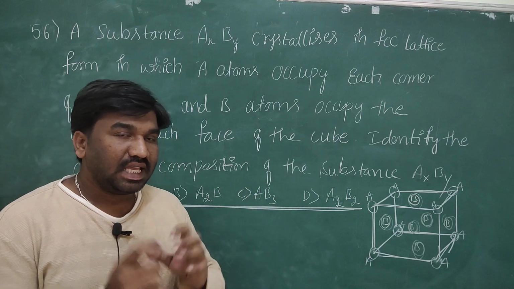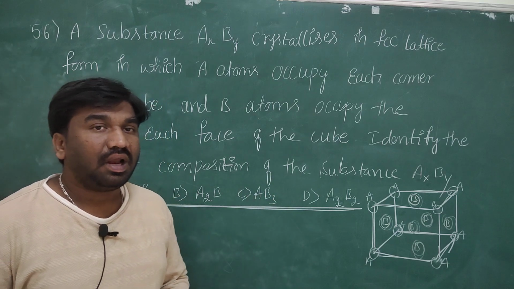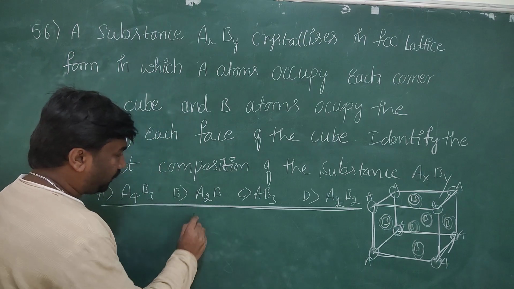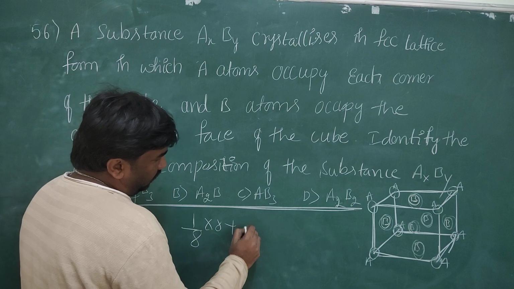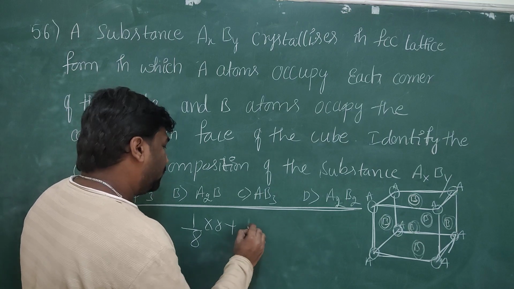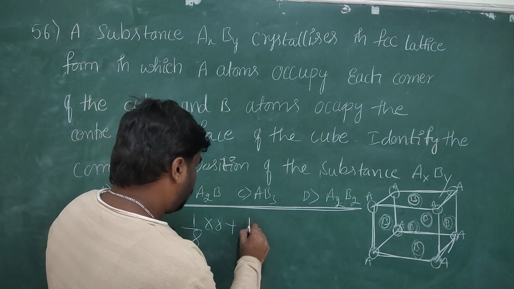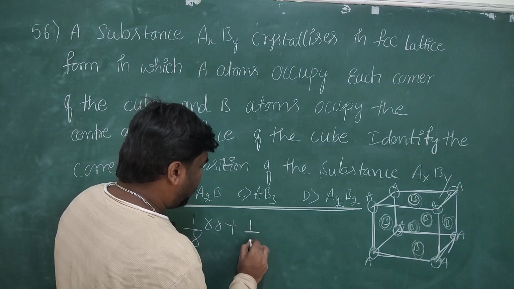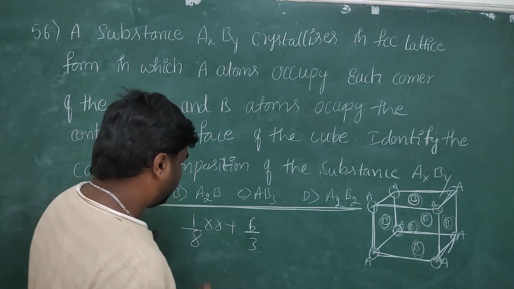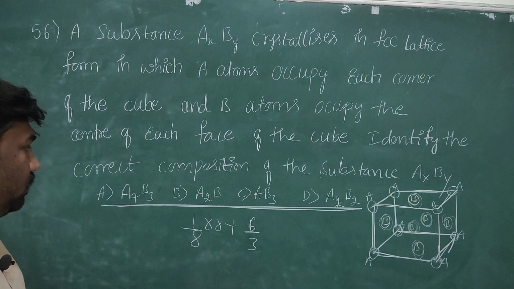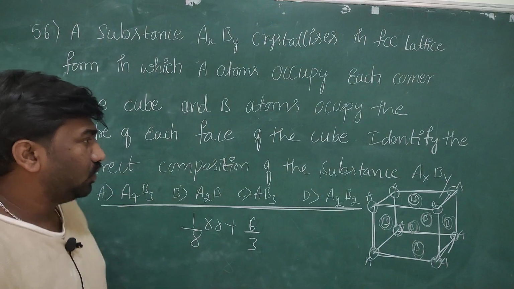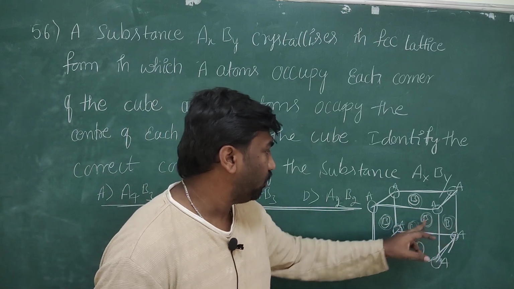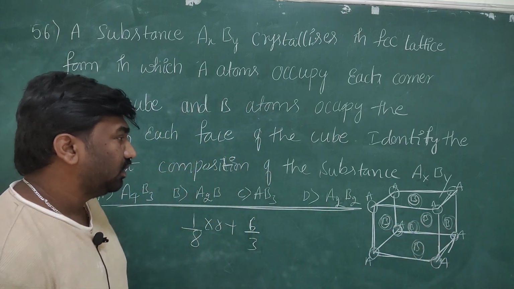We know that in a unit cell, the number of lattice points is 1 by 8 into 8, plus 1 by 2 into 6.